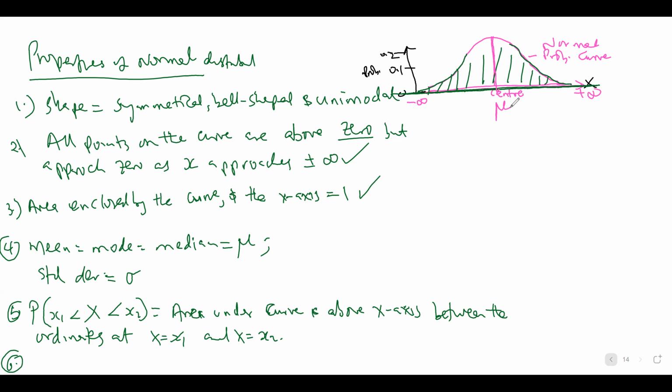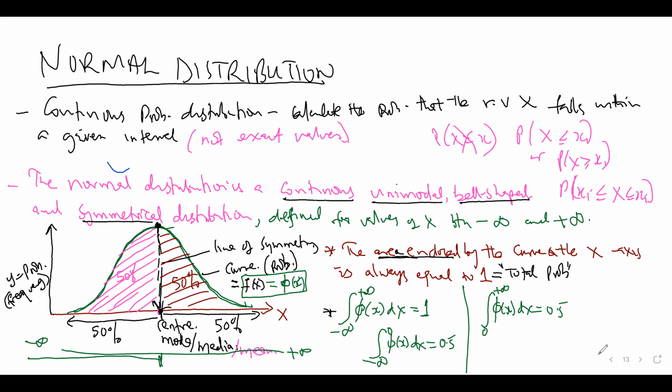Maybe I should have said here, the normal distribution is a continuous, unimodal, bell-shaped, and symmetrical distribution defined for values of x between plus and minus infinity. And this is also fully defined. Maybe I'll say that later.